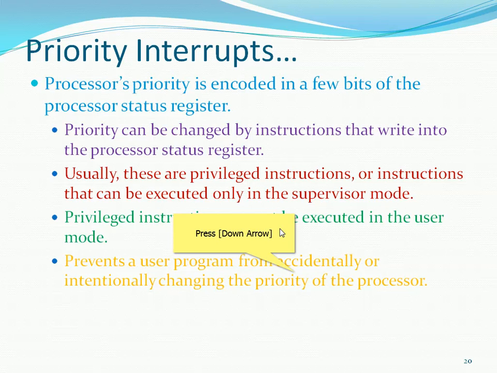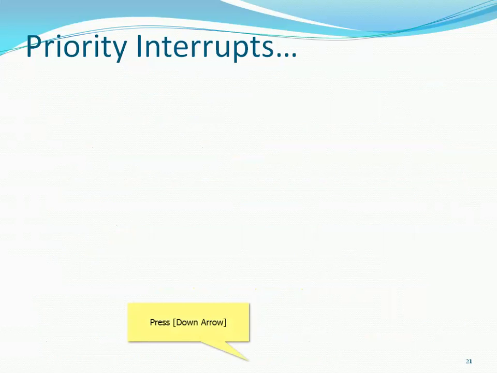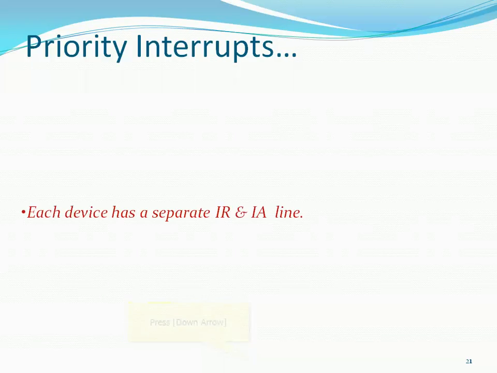This prevents the user program from accidentally or intentionally changing the priority of the processor. If there is an attempt to execute a privileged instruction in the user mode, it causes a special type of interrupt called a privilege exception. So if some higher priority interrupts are going to be executed in the user mode, in such a case, a privilege exception will occur.